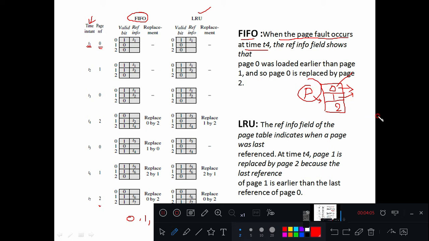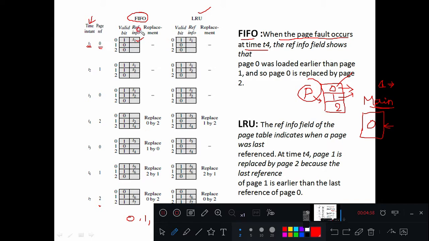The central processor fetches the pages from main memory, so the valid bit should be made high. That means this particular page, 0, is present in the main memory. 1 represents that the page is present in main memory, at time instant t1.